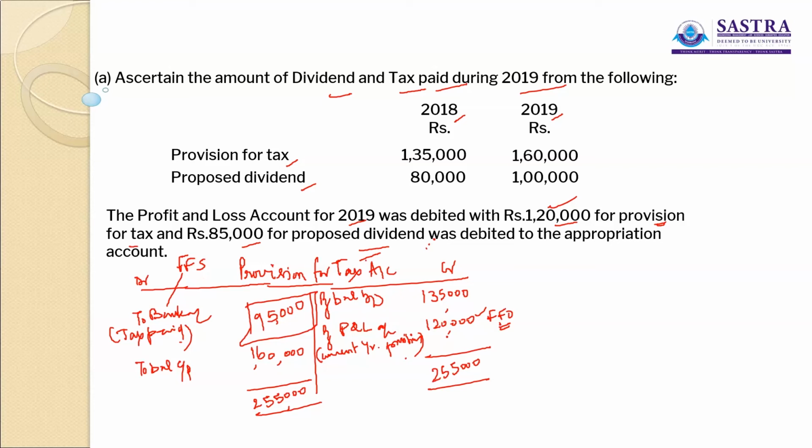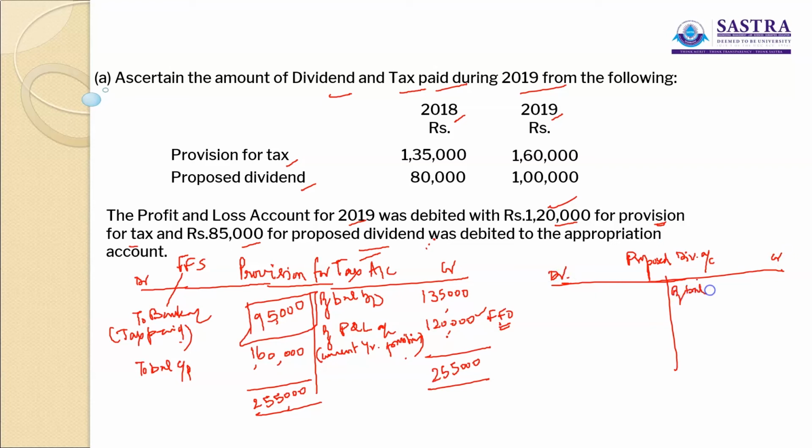So now let us prepare proposed dividend account. This is also a liability side item of the balance sheet or credit side item of the trial balance. Opening balance will appear on the credit side, closing balance on the debit side.